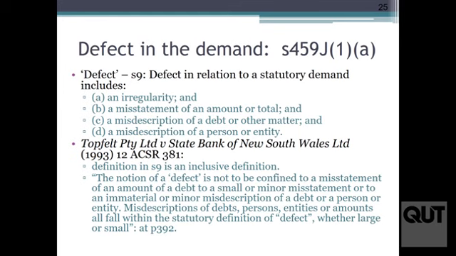Section 9 has a long list of what may be a defect, so have a look at that. In the case of Topfelt and the State Bank of New South Wales on your PowerPoint, the court held that section 9 is not, in fact, an exhaustive definition. It's just an inclusive one. So in other words, you can have other types of defects as well.